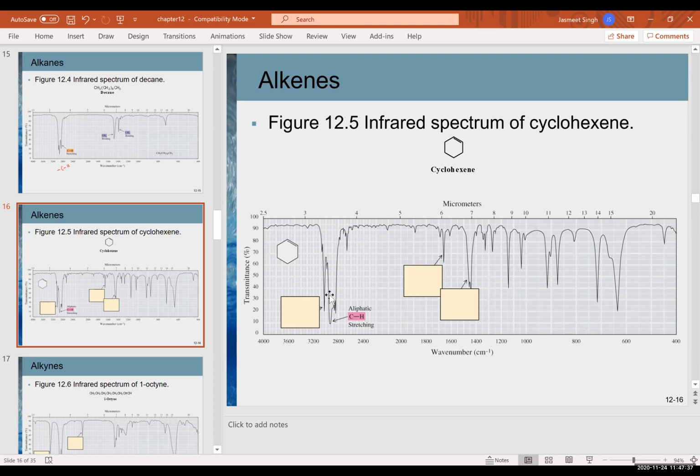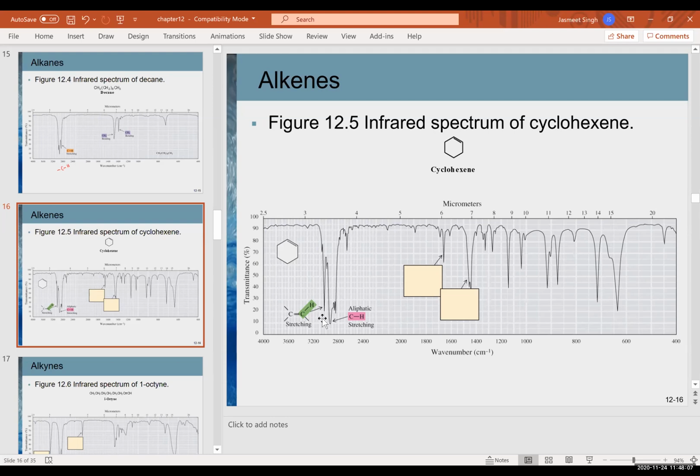And then you will see this peak right after the CH stretching. There will be a single sharp peak, and this peak belongs to CH which is connected to the double bonded carbon, or sp2, CH connected to an sp2 hybridized carbon. That will appear at this position.